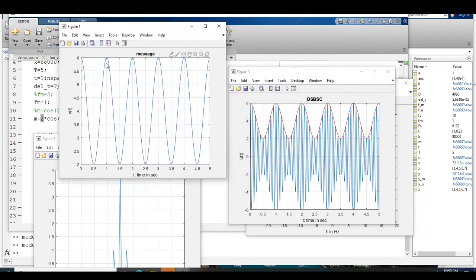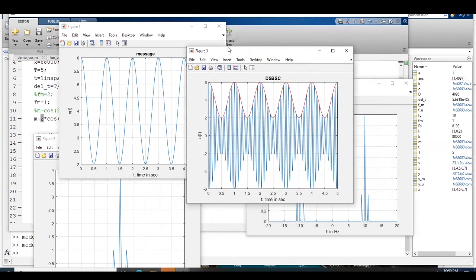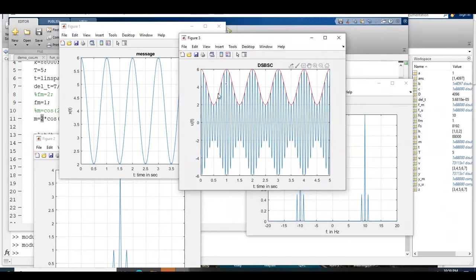For the message signal, you're going to draw 1 cycle, 2 cycles, things like that. And then for the modulated signal, you're going to draw the waveforms of the modulated signal. You follow the shape of this.